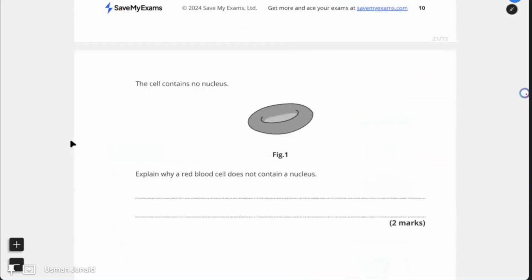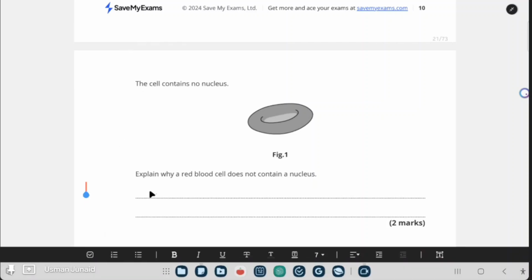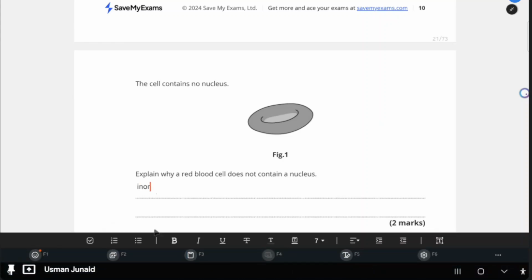Part D shows a red blood cell. Explain why a red blood cell does not contain a nucleus. Do you know this? No, sir. Okay. So, a red blood cell does not have a nucleus in order to have more surface area.